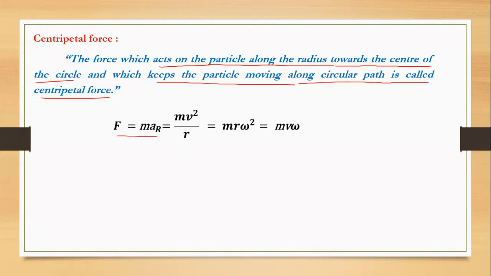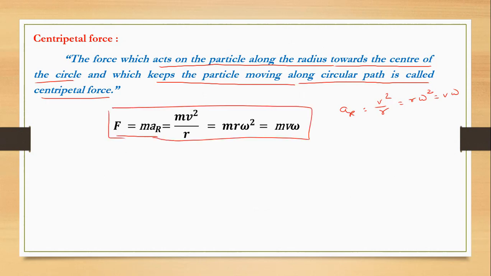Radial acceleration is given by v square by r, r omega square, and v omega. So by substituting this radial acceleration, we get centripetal force equal to m v square by r, m r omega square, and m v omega. These are the formulas of centripetal force.